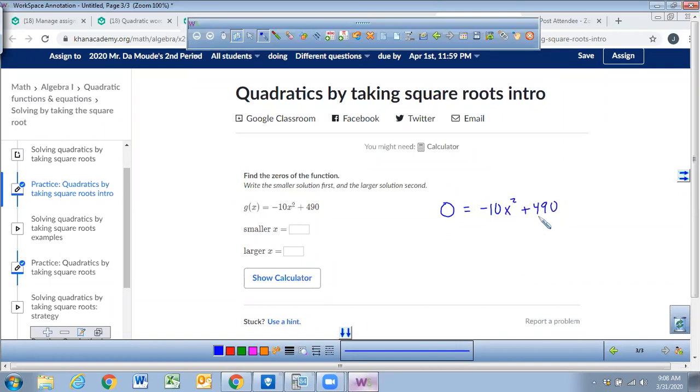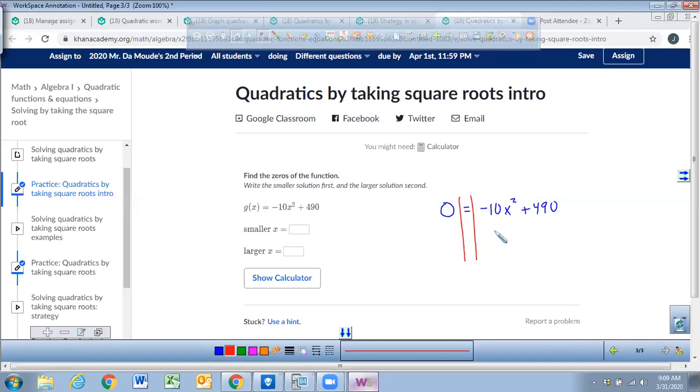Remember when you said at the very beginning you were going to take away x squared from both sides, this is where I actually would add this 10x squared to both sides. And the reason why I would add 10x squared to both sides is I like to keep things positive as much as I can. So that zeroes out, and we're left with 10x squared equals 490.